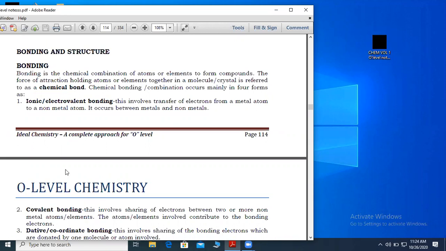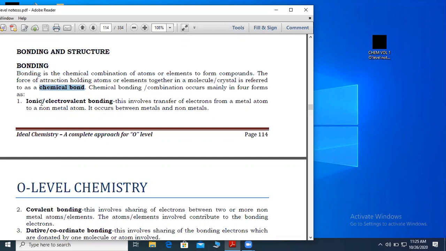We are defining bonding as a chemical combination of atoms or elements to form compounds. The force of attraction holding atoms or elements together in a molecule is called a chemical bond.